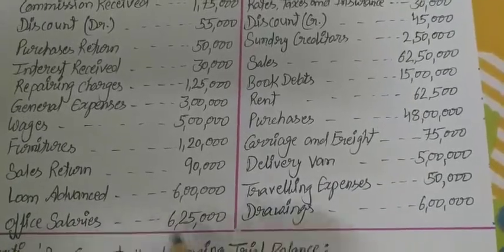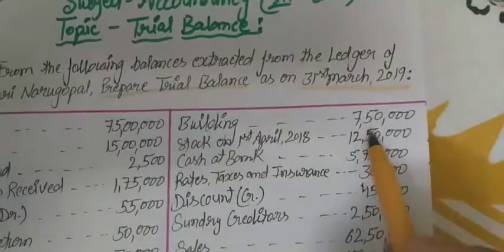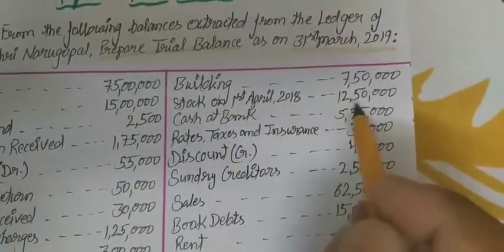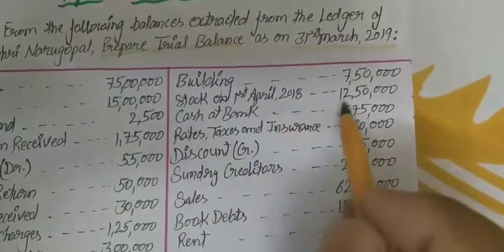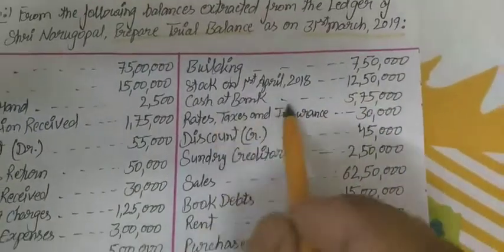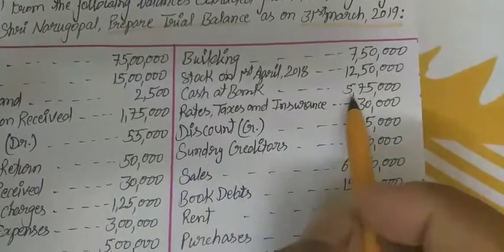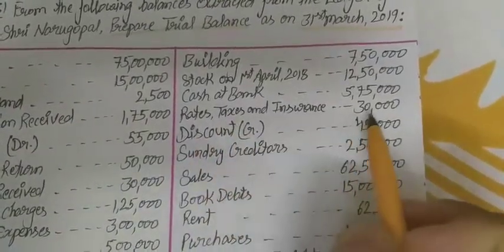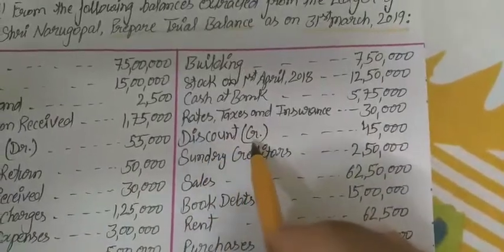Now the office salaries 6,25,000, building 7,50,000, stock on 1st April 2018, that is opening stock, 12,50,000, cash at bank 5,75,000, rates, tax and insurance 30,000, discount credit.